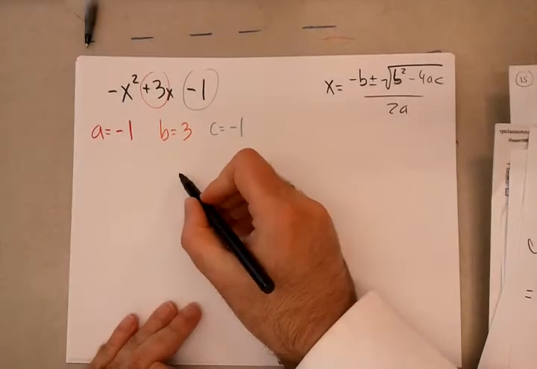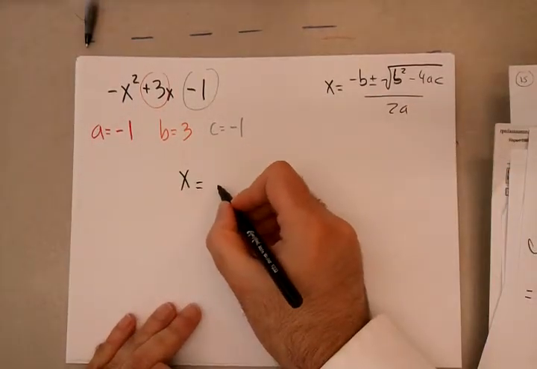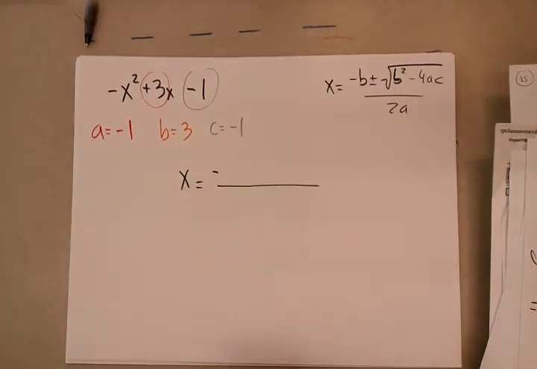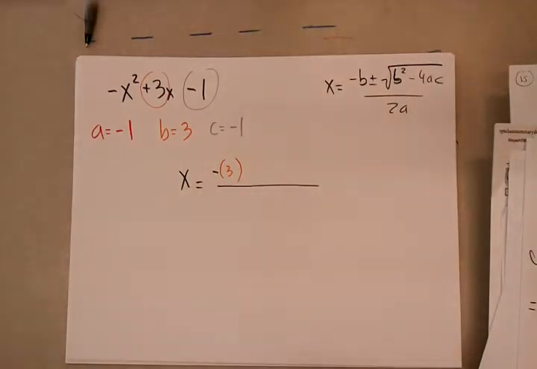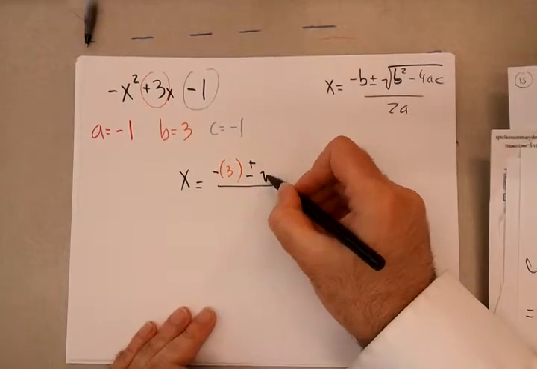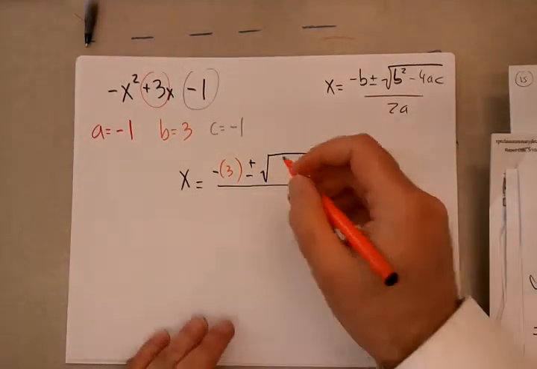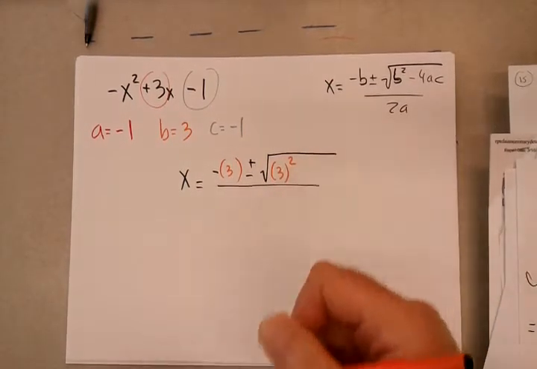Well, the next step is to plug everything into our quadratic formula and see what the outcome is. So the first thing is the b. It's a negative, and then the b value. Well, the b value here is a 3, so we plug that in. Then we have a plus minus, the square root symbol. Underneath the square root symbol we have b squared, so we're going to say 3 squared.